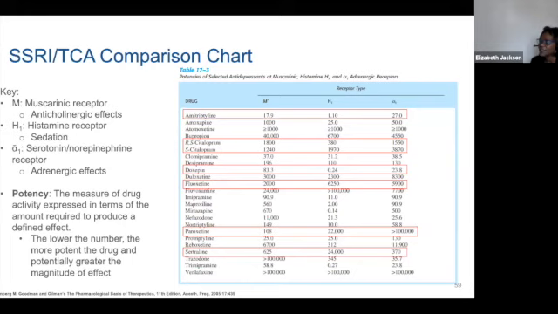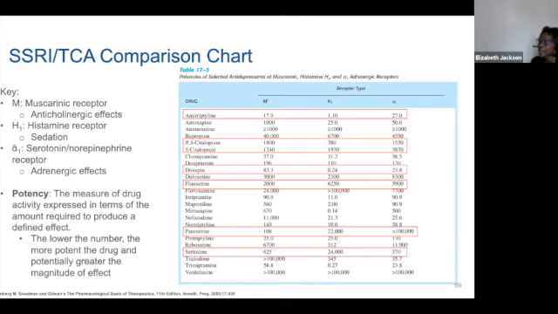And then if we were to compare fluoxetine with paroxetine, looking at H1, fluoxetine is 6250.